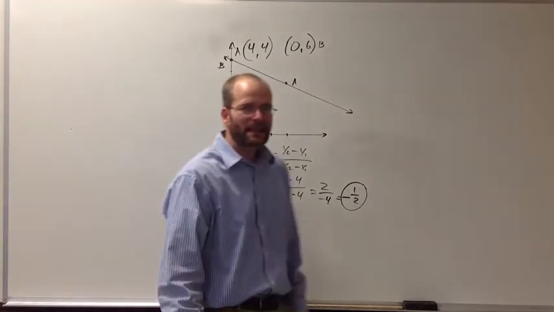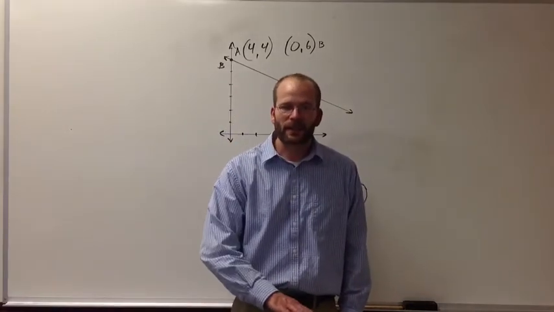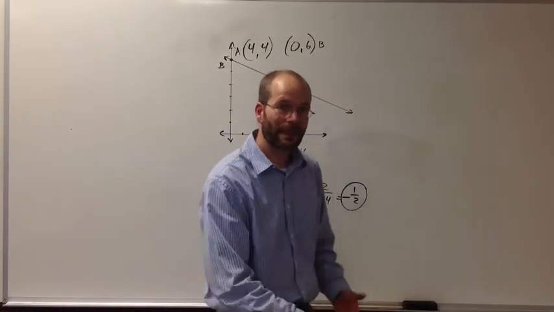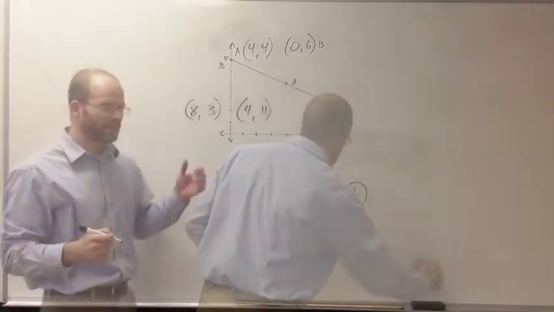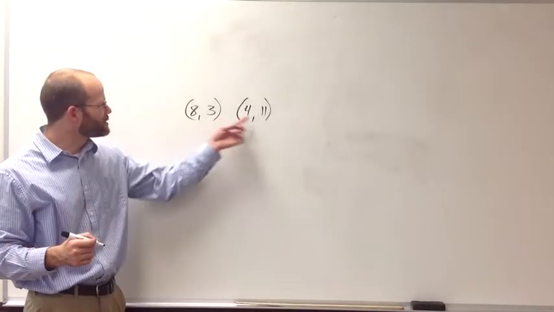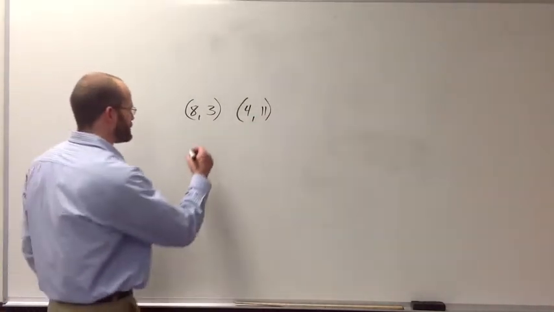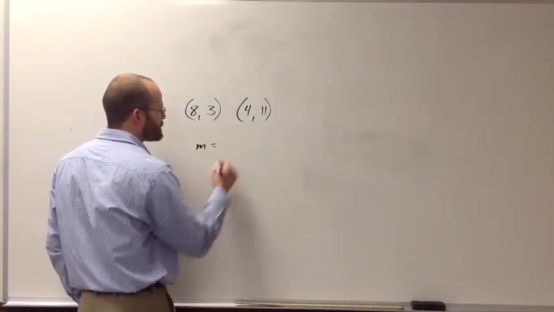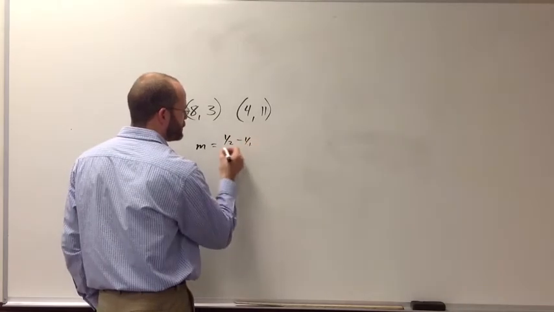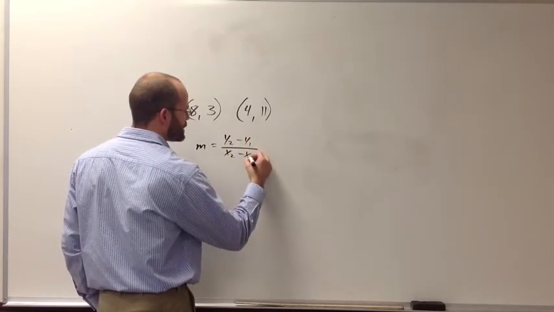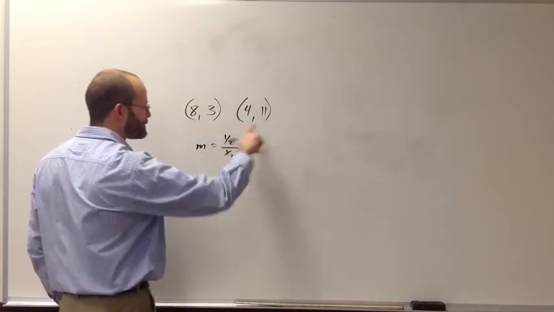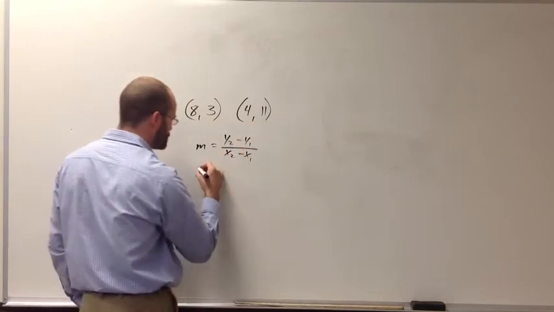Let's run through another example in which we're not going to look at the coordinate plane. Let's just see if we can calculate the slope by itself with the numbers. Suppose I want to know the slope that passes through these 2 points, 8, 3, and 4, 11. To find slope, we simply say that slope is equal to y2 minus y1 divided by x2 minus x1. We'll just plug these numbers into their appropriate places in the equation.